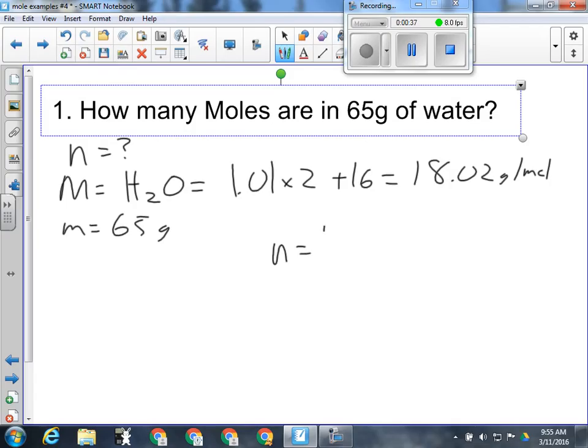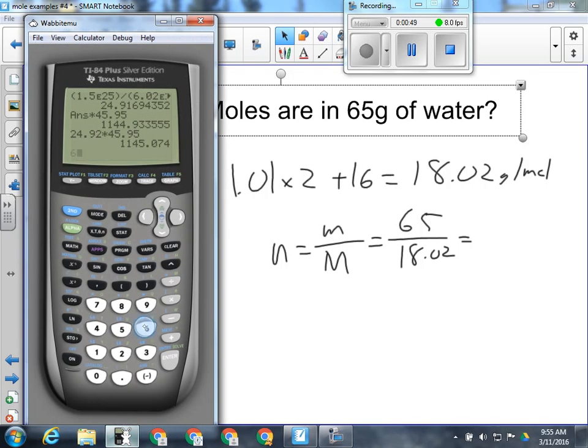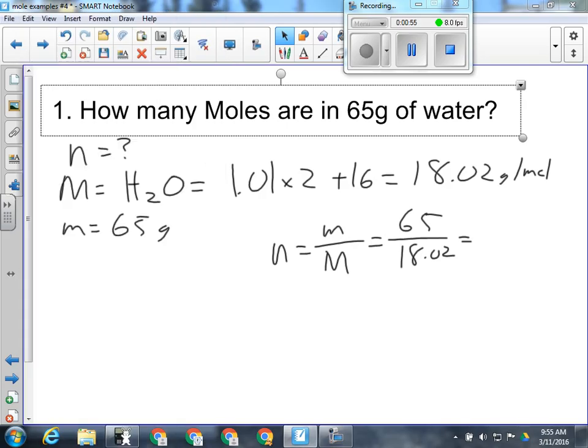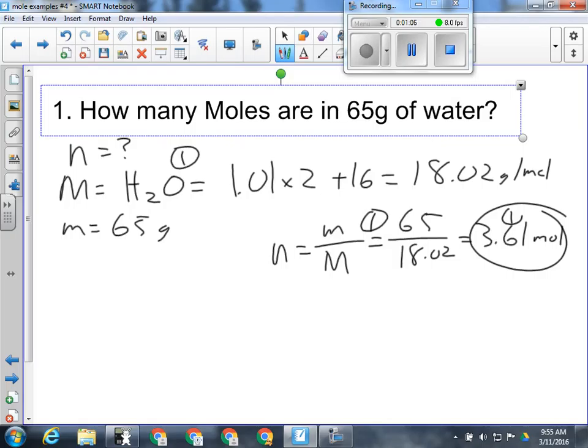So n equals little m over big M. We substitute in our numbers: 65 divided by 18.02 is 3.61 moles. So 1 mark for substitution, 1 mark for molar mass.